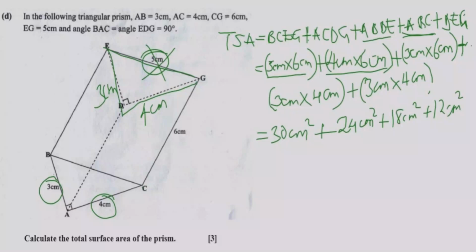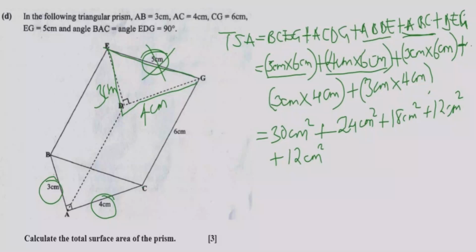Then because of space, I'm going to say plus down here. Then 3 centimeter times 4 centimeter will give us 12 centimeter squared as well. Now what we need to do is just find the sum of all these. So we have 30 plus 24 will give us 54.